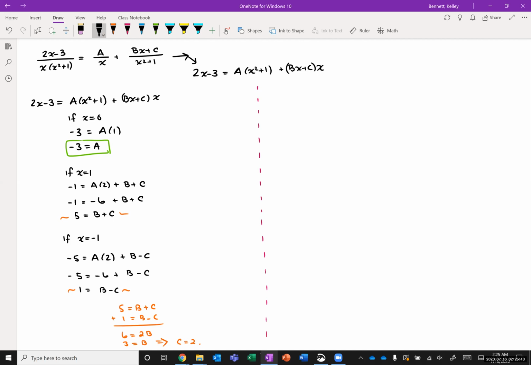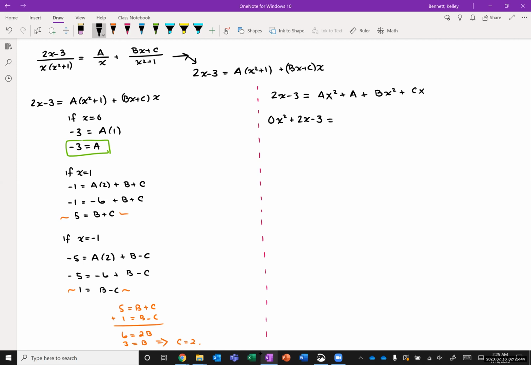Let's try the coefficient comparison. So I get 2x minus 3. I'm going to extend this out a little bit. So it's ax squared plus a plus bx squared plus cx. So then I get 0x squared, right? Just again, writing the 0 for my own edification and organization, plus 2x minus 3.